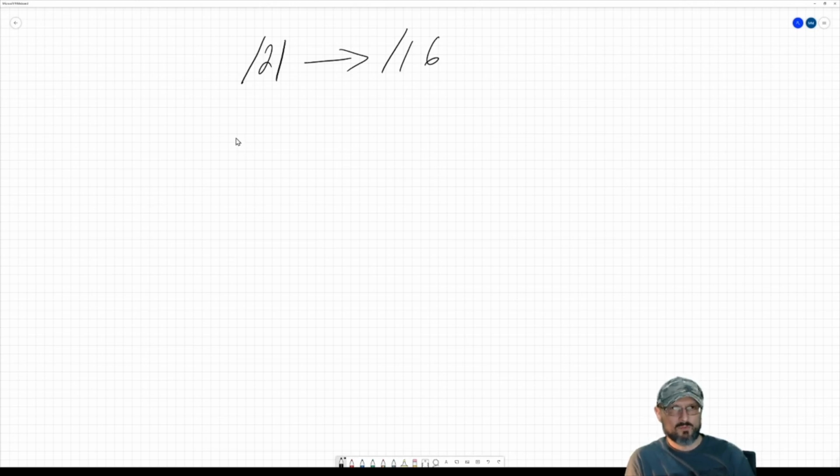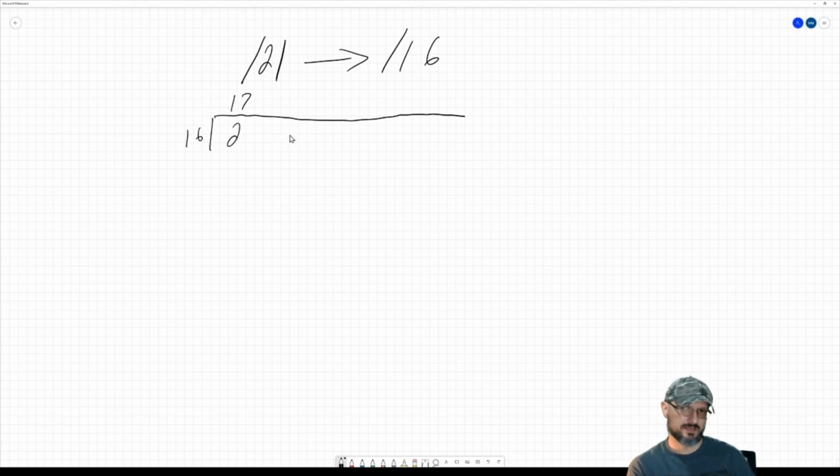So one way to look at this is if you take a /16, a /17, there are two /17s in a /16.